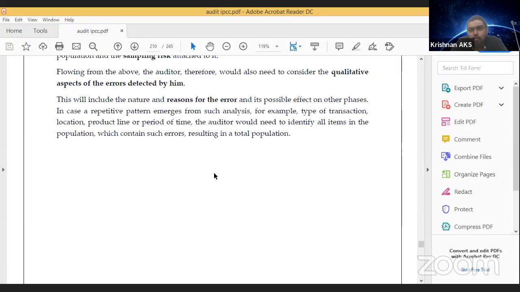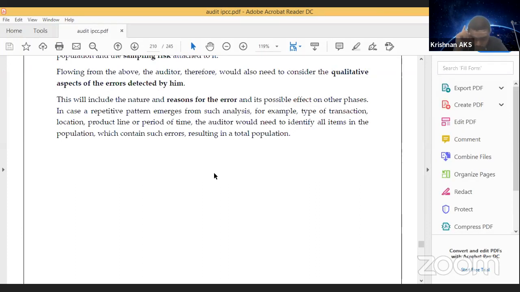That means we left so many items, and out of that there may be some error. This is called expected error. Tolerable error means beyond that level of error. Then detection risk. Detection risk is when the auditor has not found a misstatement. It's called detection risk. So we have two types of error.